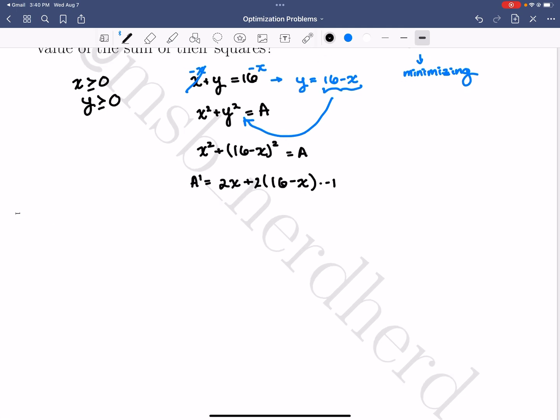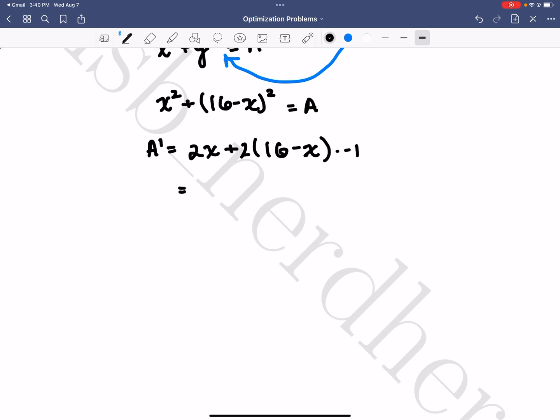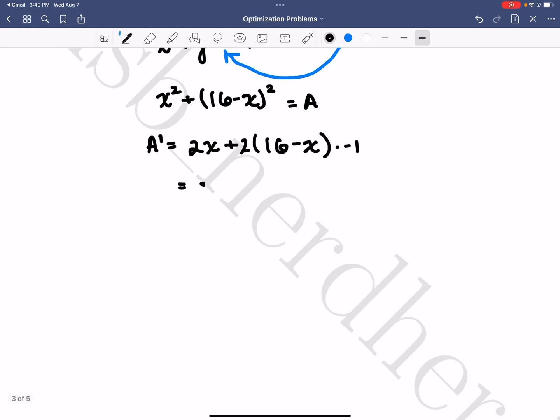I'm going to go ahead and rewrite this. Go ahead and zoom in a little bit. So now that we've taken the derivative, we want to go ahead and simplify before we set it equal to 0. We have 2x plus 32 minus 2x. That's just me distributing.